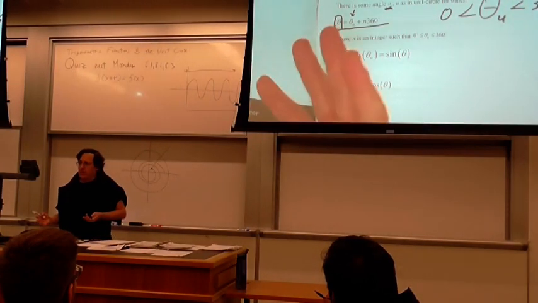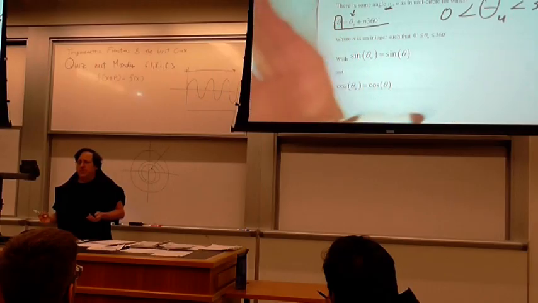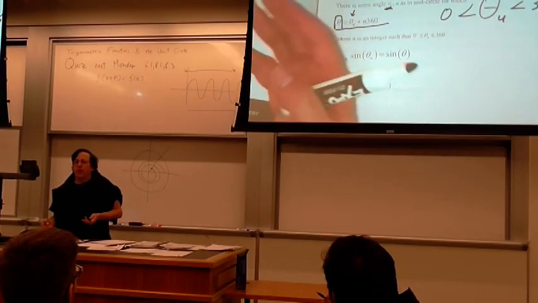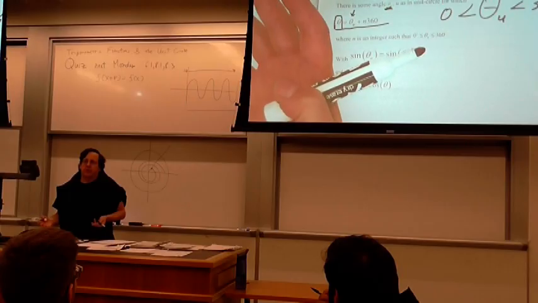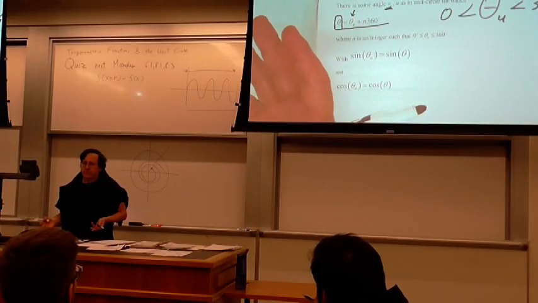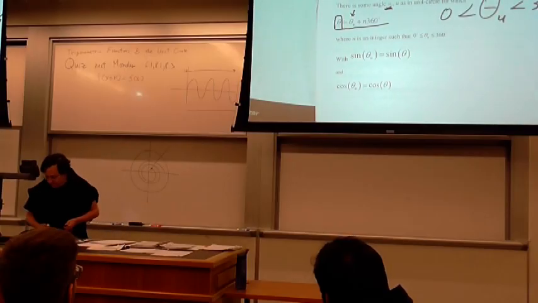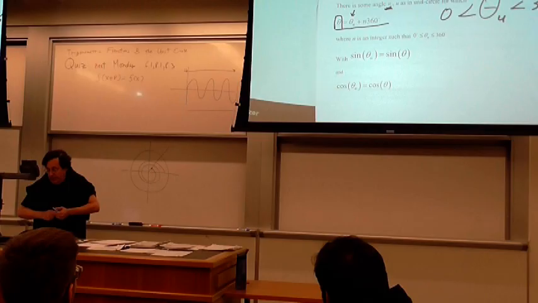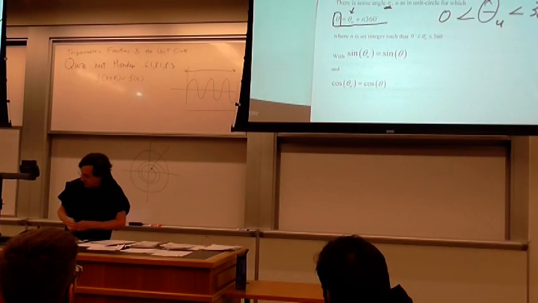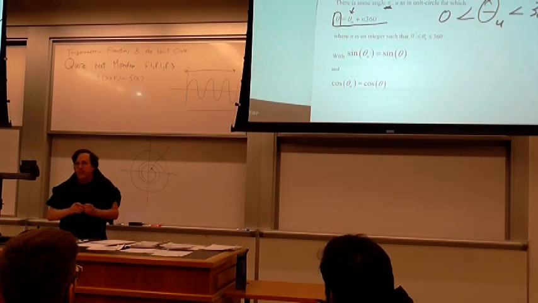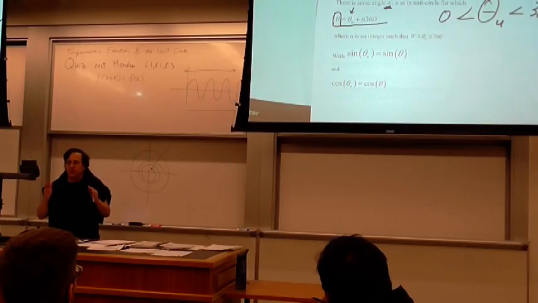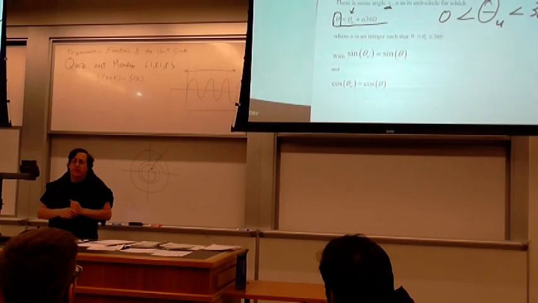Again, this is related to the fact that sines and cosines are periodic functions with a period of 360 degrees or 2 pi. So if we were living back in the 60s, we would have our table of sines and cosines that just goes from 0 to 45 degrees, but we can find the sine and cosine of any angle.